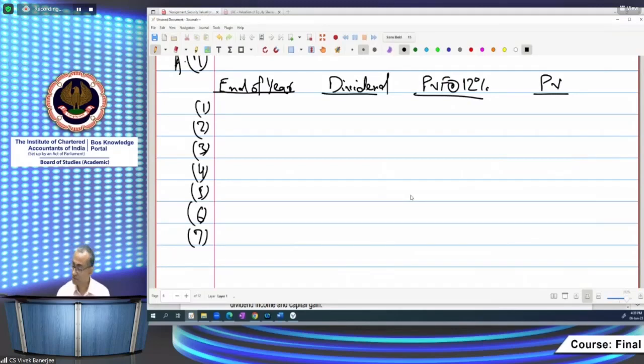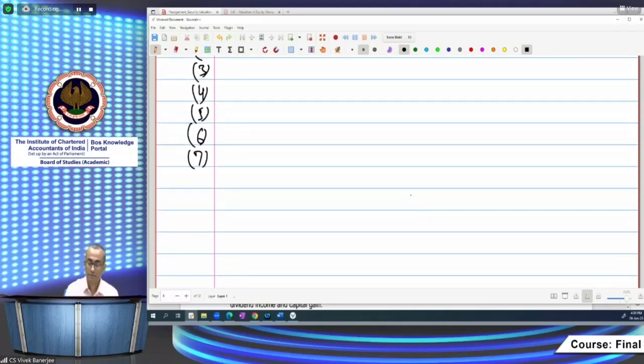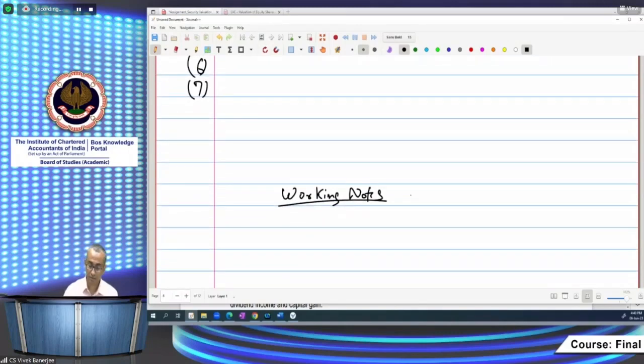So if he is holding one share, here we can calculate the working notes. Face value is 100. Dividend percentage is 20%.